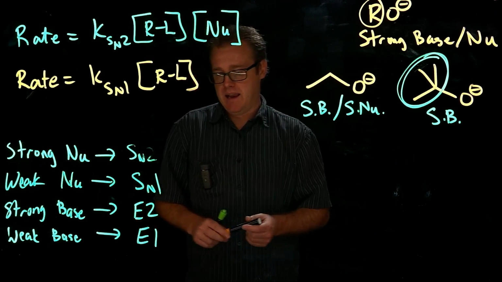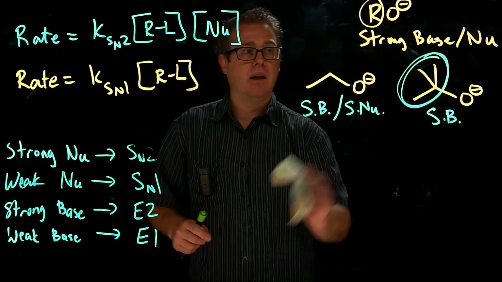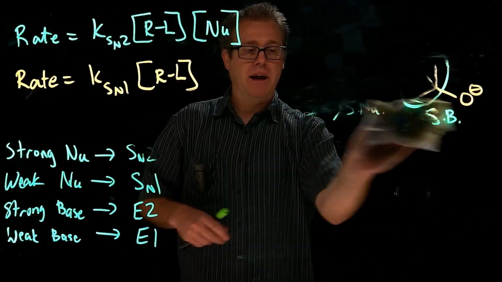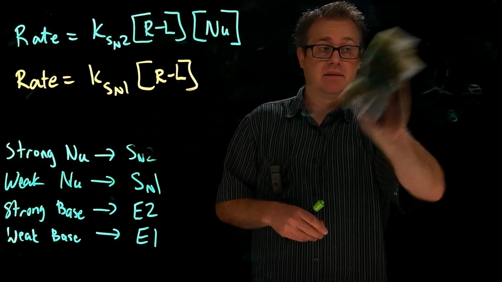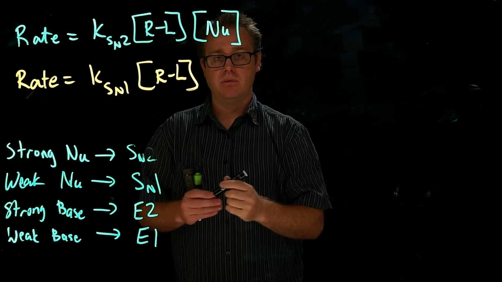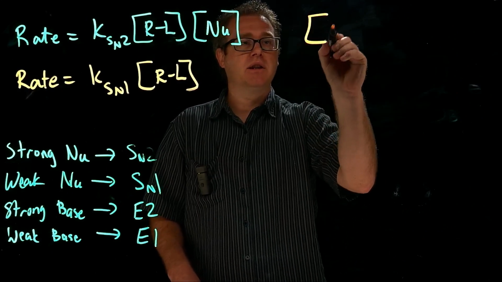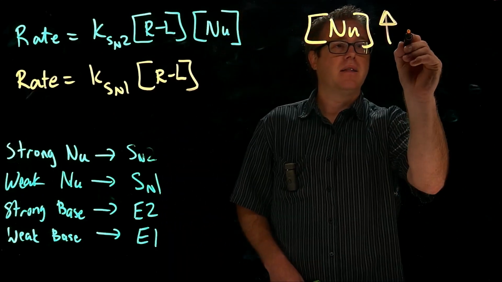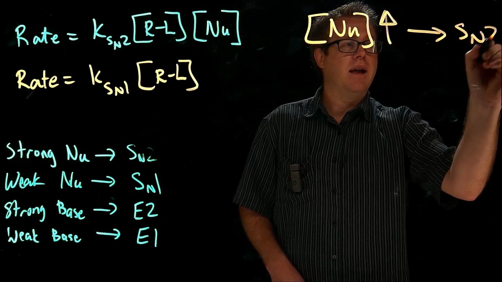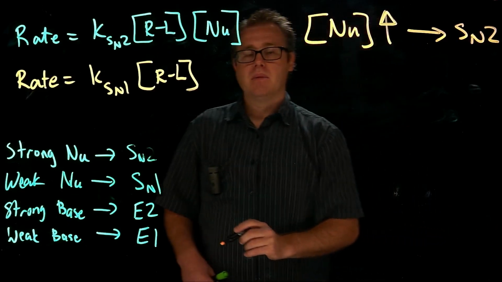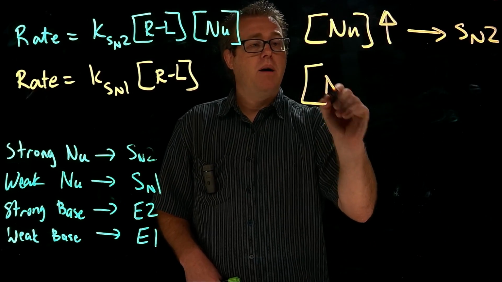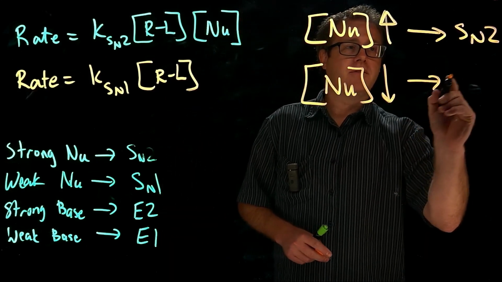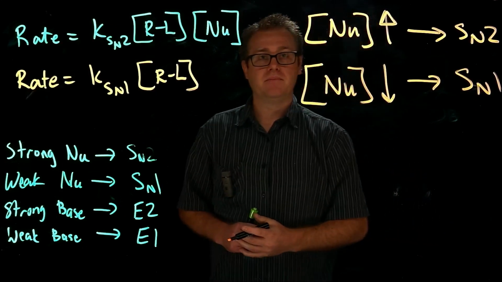So when we look at a reaction, a concentrated attacking species is going to favor SN2. If our nucleophile is concentrated, that's going to favor SN2. But if our nucleophile concentration is low or dilute, it's going to favor SN1.